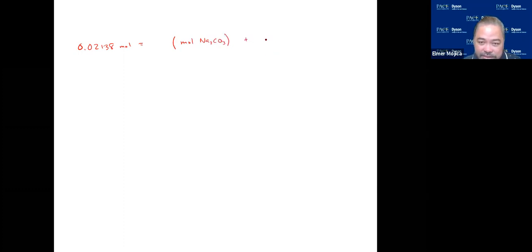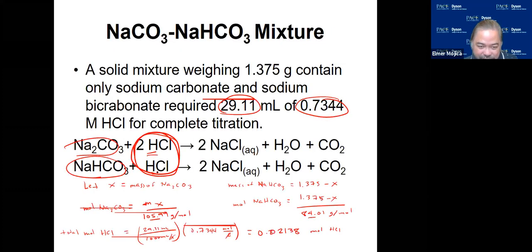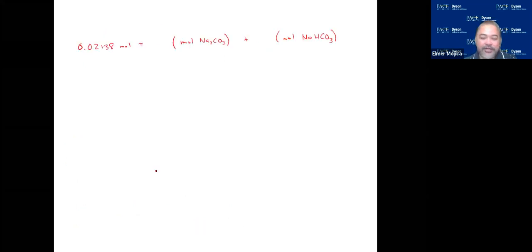I put here the 0.02138 moles. So how will I set it up? Because one pertains to the moles of sodium carbonate, and the other is the moles of the sodium bicarbonate. The question is, how will I set up this relationship that I have here? Anyone want to take a guess?